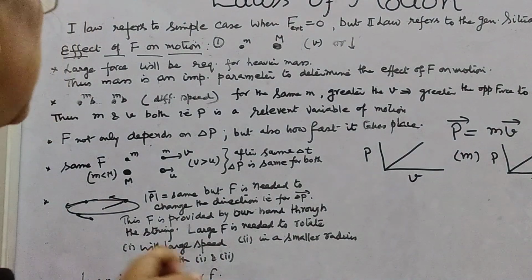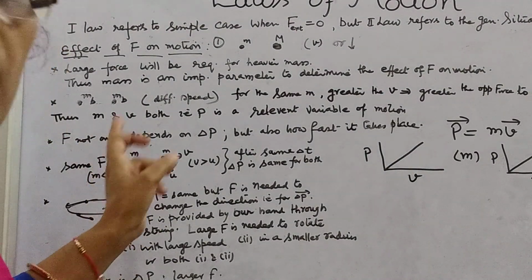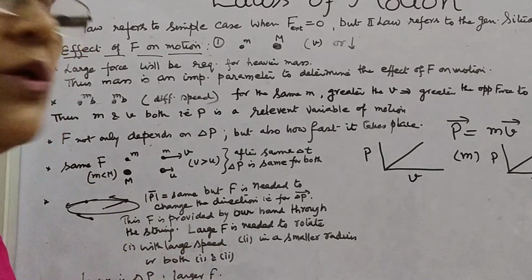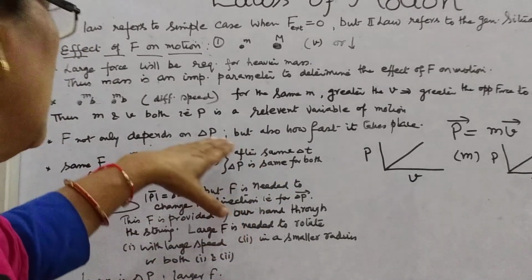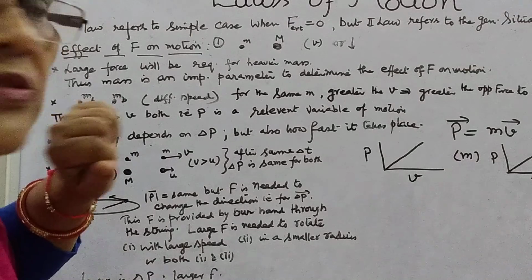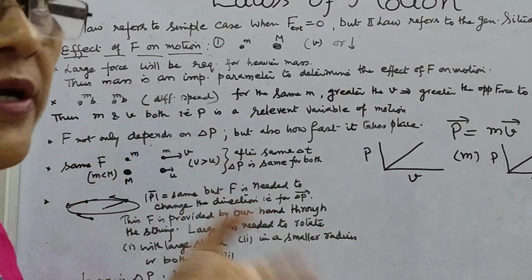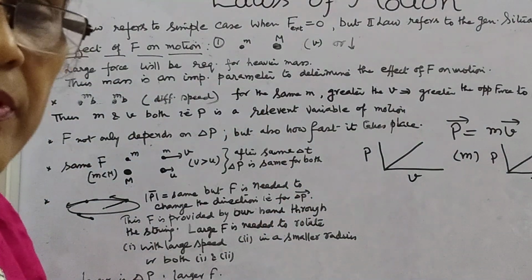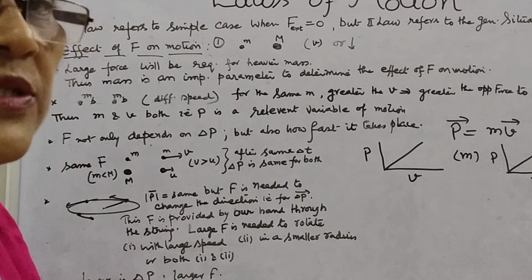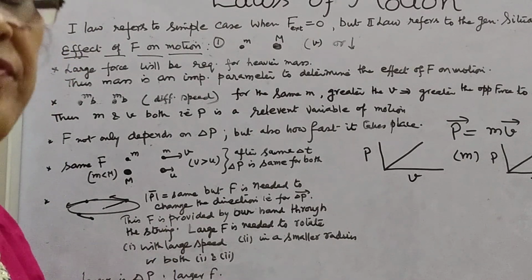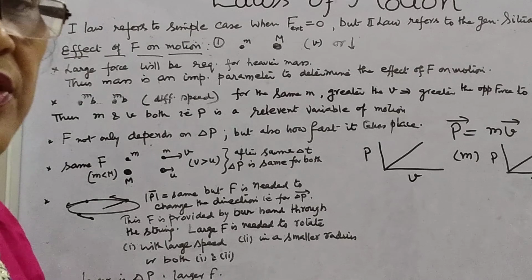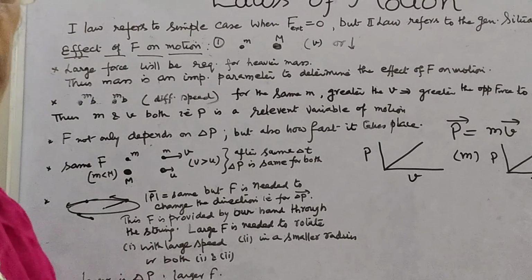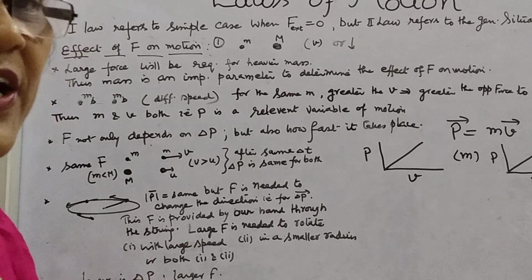Then we can say that force depends not only on mass and velocity, but also on the momentum. And you know what happens? Force is defined as the rate of change of momentum, and this is the second law.